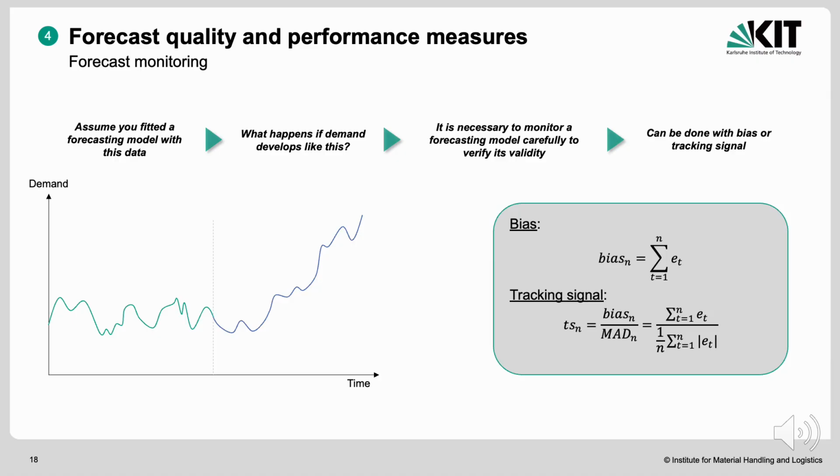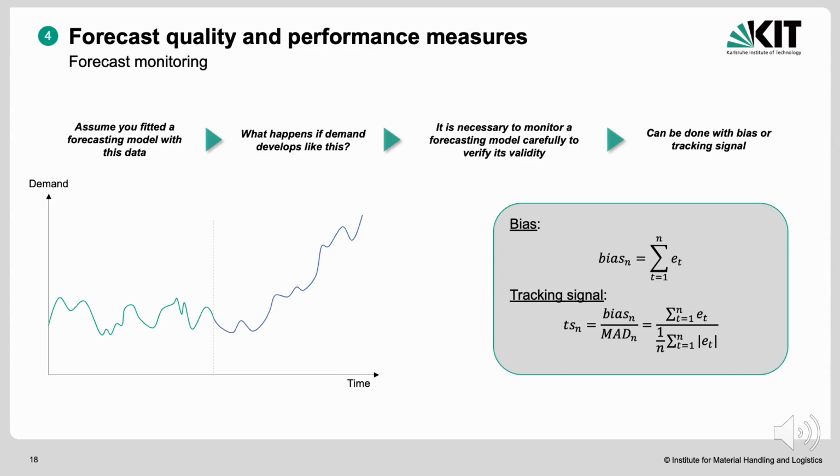So we will be getting a bias, which is the sum of the errors. And in general, we would like to have a bias of 0, so that on average our forecast is distributed around the average.